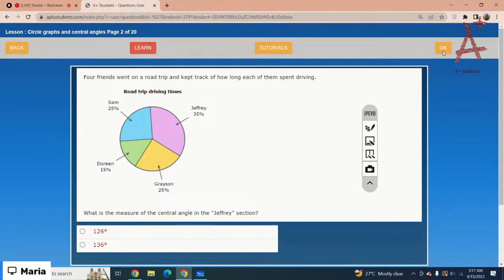Four friends went on a road trip and kept track of how long each of them spent driving. What is the measure of the central angle in the Jaffrey section? So Jaffrey is 35%. So just calculate 35% of 360 degrees.